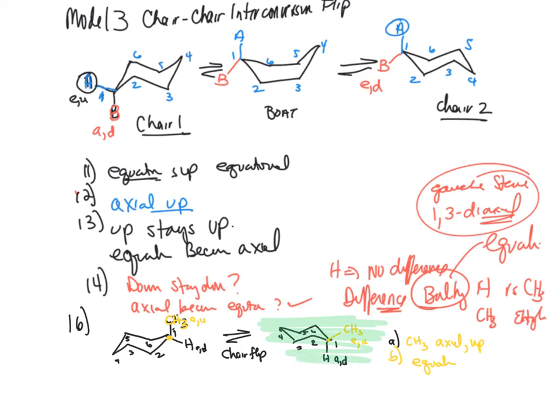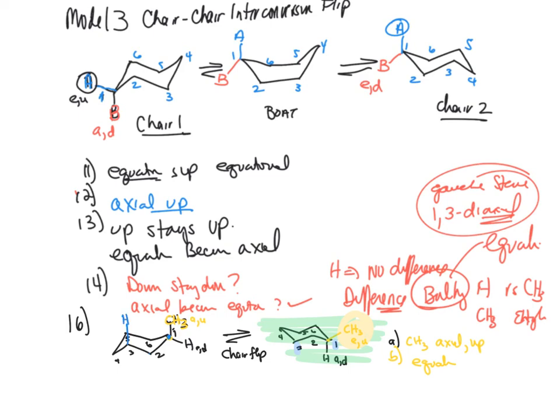Why? Because the bulky methyl group here, sterics, needs more space, and this does not have the carbon 1,3 diaxial interaction. So like carbon number 1, 2, 3, this hydrogen here.